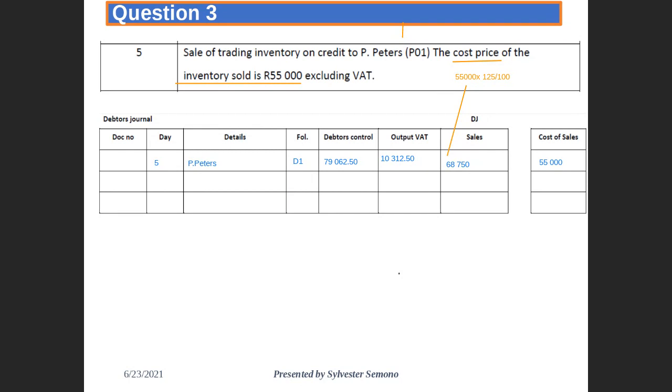Let me just show this calculation. Thank you so much, guys, for that. I appreciate it. Let me just write this quickly here. We said 68,750 times 15 over 100.